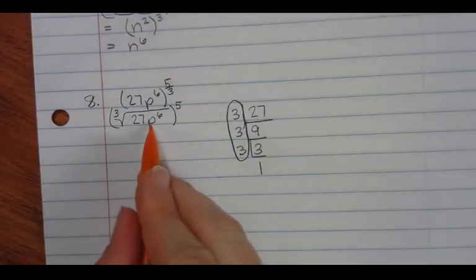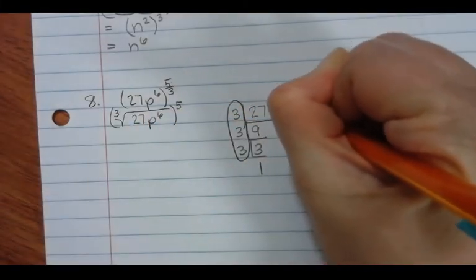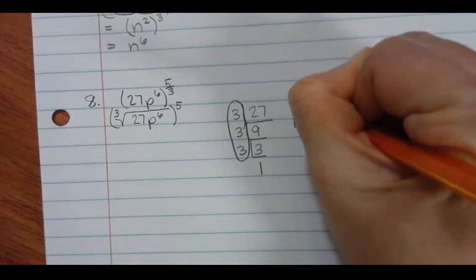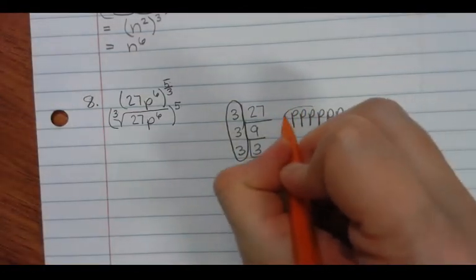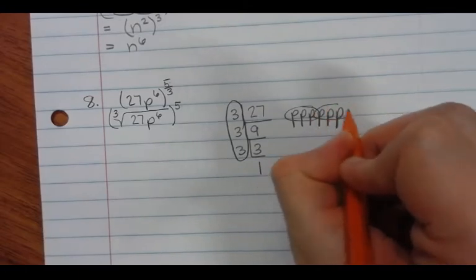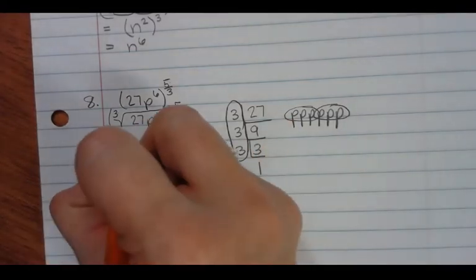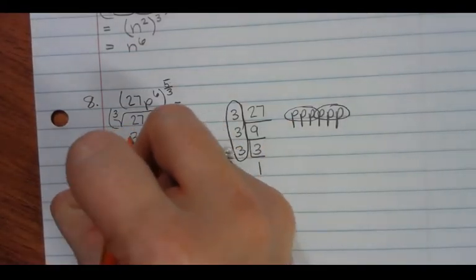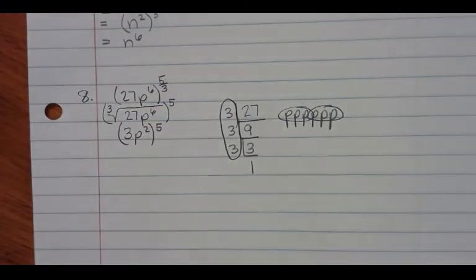You can also write out your 6 p's. So 1, 2, 3, 4, 5, 6 p's, and then again group them in groups of 3. So that becomes 3p squared. But don't drop that exponent, we still need it to the 5th power. Until we use that exponent, we want to bring it down in each line of our work.